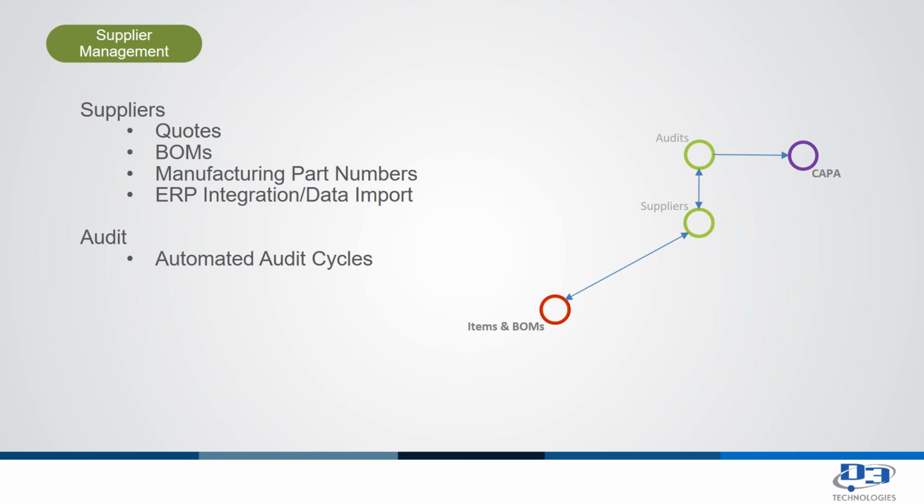So the fourth and final foundational area is supplier management, and really I'm not going to go into a great deal of detail. This is one of the areas that's fairly unique to each customer, but you can manage anything from quotes from your suppliers, supplier bill of materials, manufacturing part numbers.